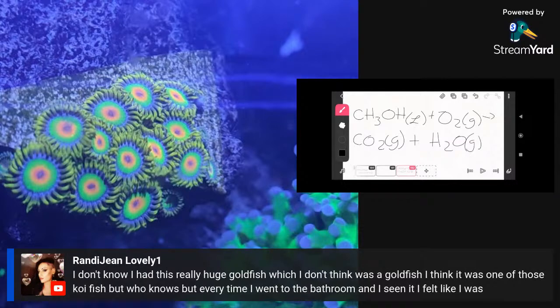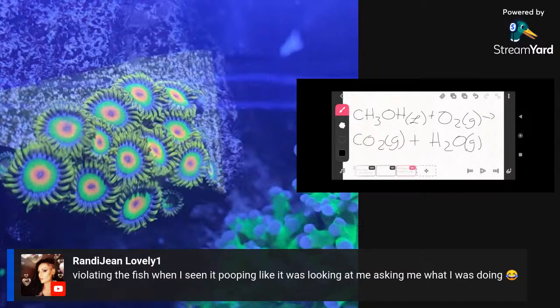I had this really huge goldfish, which I don't think was a goldfish. I think it was one of those koi fish, but who knows? Every time I went to the bathroom, I saw it. It felt like I was violating the fish. I saw it pooping out, looking at me like it was asking what I was doing.